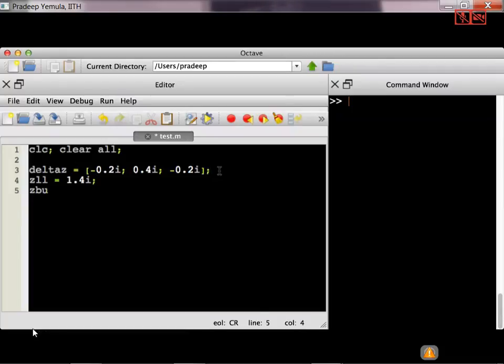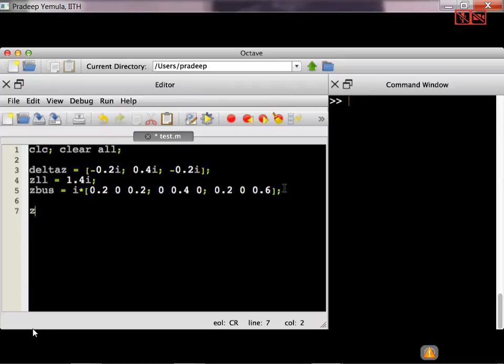Then Z bus, whatever Z bus we have derived up till now, is 0.2, 0, 0.2, 0, 0.4, 0, and then finally 0.2, 0, 0.6, like this.